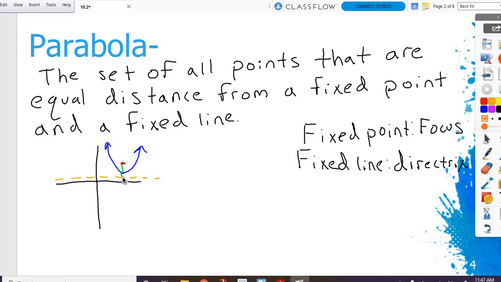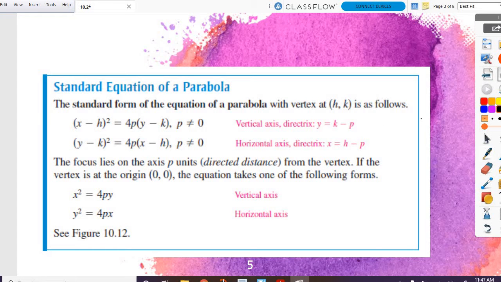Now we're going to get into more of the equation type stuff. So the standard form equation of a parabola with the vertex h comma k is as follows. We have two: x minus h quantity squared equals 4p times y minus k, or y minus k quantity squared equals 4p times x minus h.